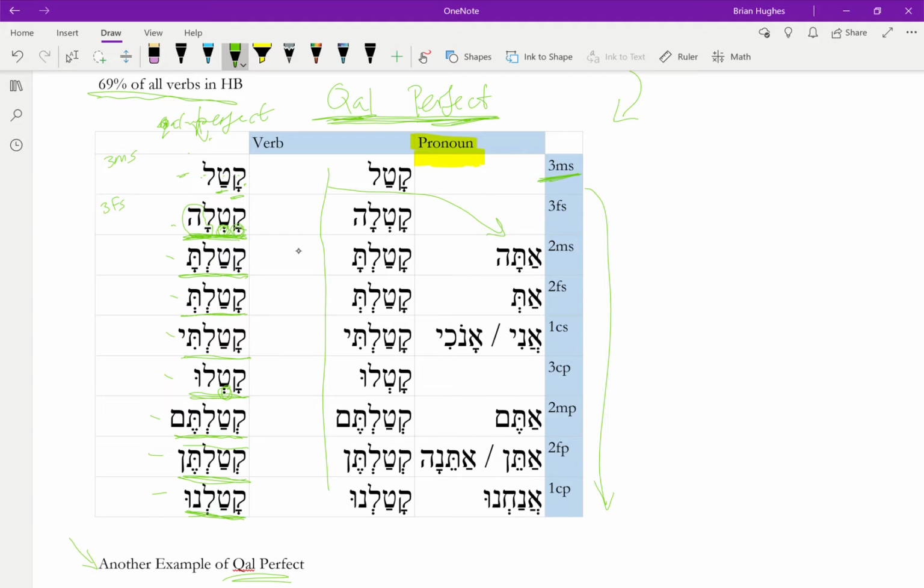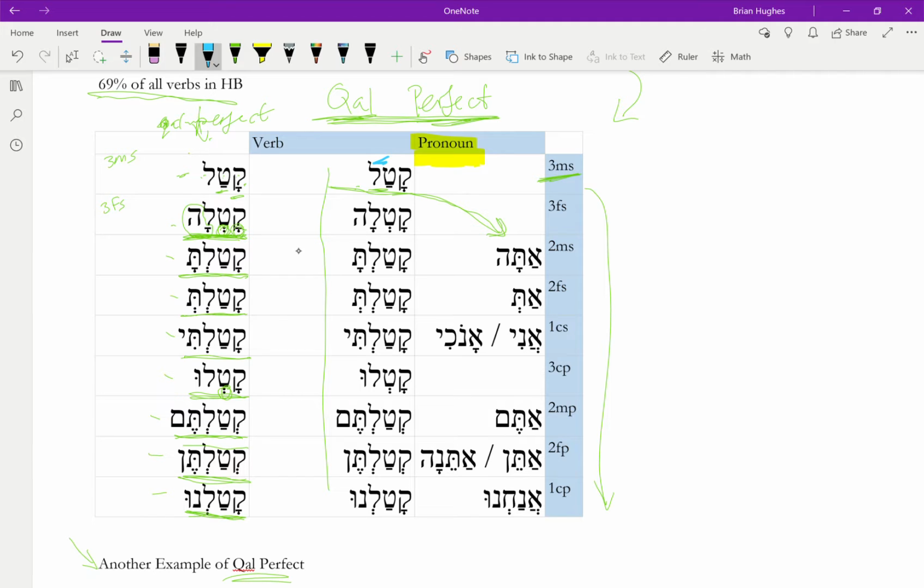Okay, and here we have the verb paradigm again, but as I go through this, I want to highlight a few things. I want to highlight the accent, and I want to highlight its similarity with its pronoun, if it does share that. So here we have katal. The accent is on the last syllable; I'm going to do this little sideways caret to show you.